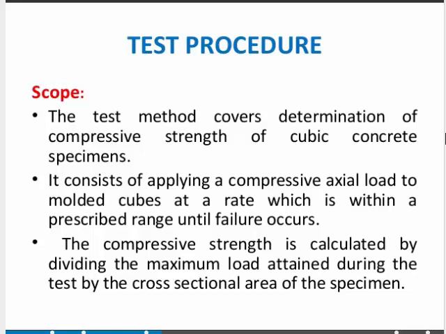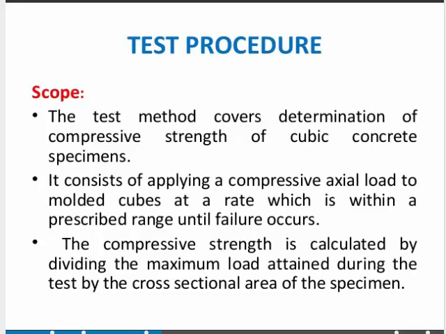Then add the coarse aggregate and mix with cement and fine aggregate until the coarse aggregate is uniformly distributed throughout the batch. Then finally add water and mix until the concrete appears homogeneous and of the desired consistency. So this is the mixing portion.